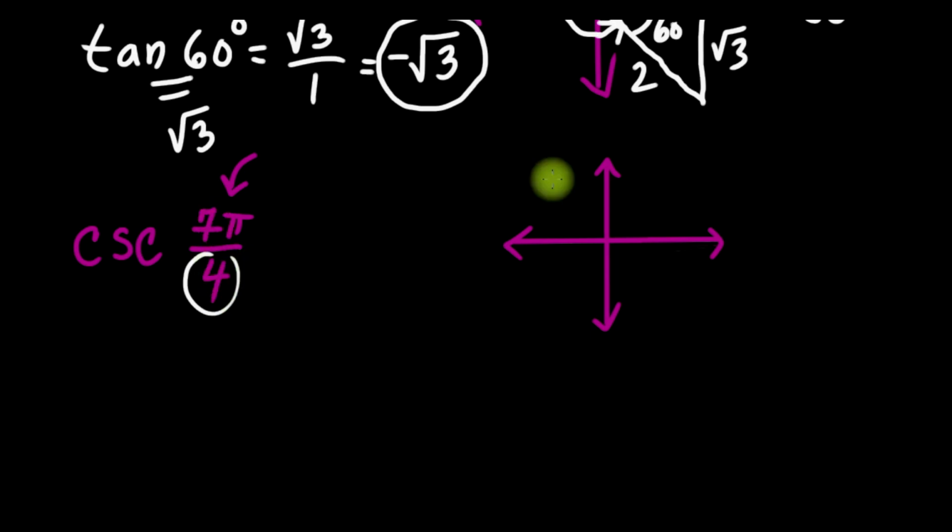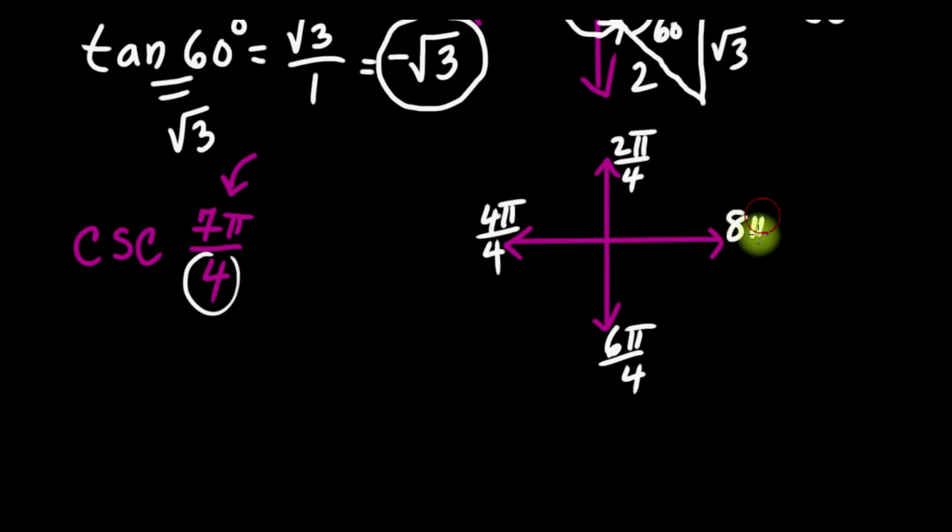2 pi over 4 would be right here, which is the same as pi over 2. Here would be 4 pi over 4, and here would be 6 pi over 4. Then go all the way back to the x-axis. This would be 8 pi over 4.